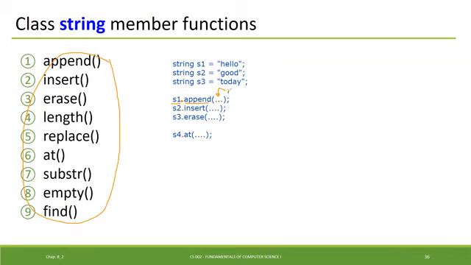Some input information should be put in the parentheses. Append, insert, erase. I think you can imagine what each function does: append something, insert data, erase or delete something. Let me explain one by one.